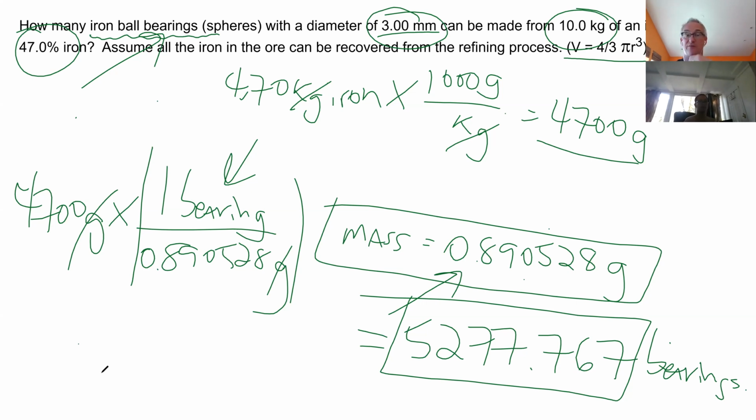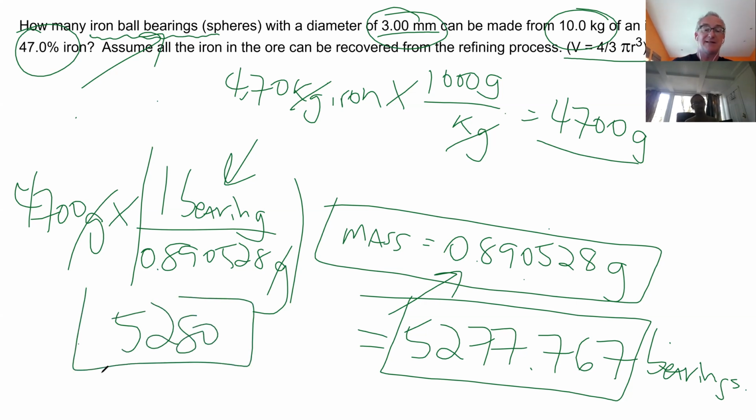It could be 47.04 percent iron. Each one of those is a little larger than what we calculated. And so the final answer could very well be 5,280. We can't say that it isn't. But 5,280 is the closest number to the correct answer, the most precise number we can give.